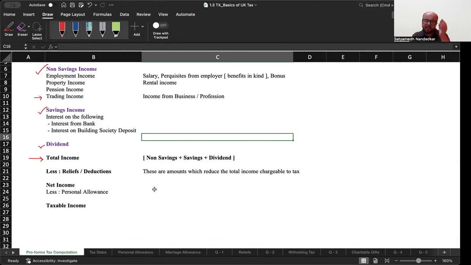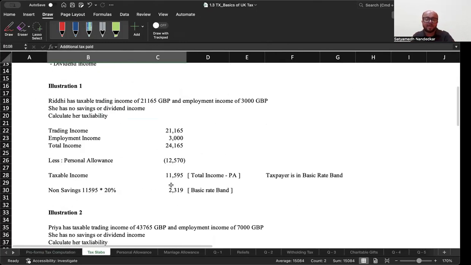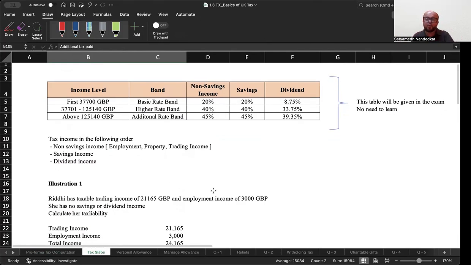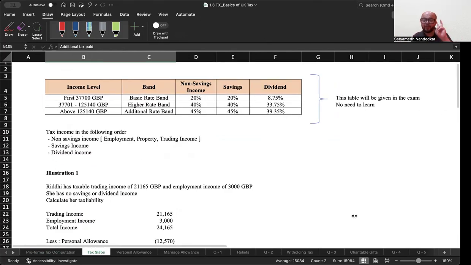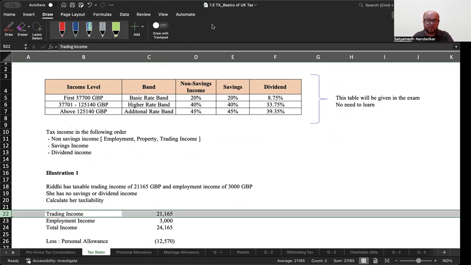Now, in case of individuals, the taxation happens using a slab rate system. What is a slab rate? There could be two ways of levying tax on individuals. One way is a flat rate system. Whoever the person might be, say his total income is 100 and there is a flat rate tax of 20%.